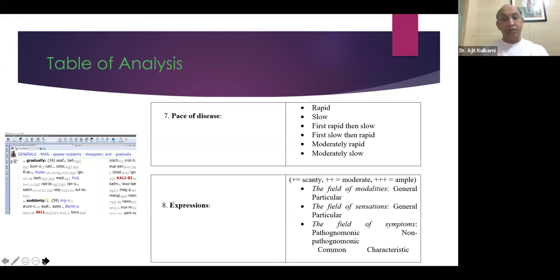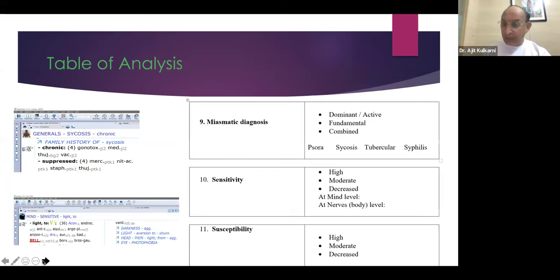Then experience. So in the experience, you will find expression. You will find a field of modalities. Then there is a field of sensations, and then there is a field of symptoms. This is a very interesting study, and it has to be understood at the level of scanty, moderate, and ample. 9th point is miasm. 10th point is sensitivity.